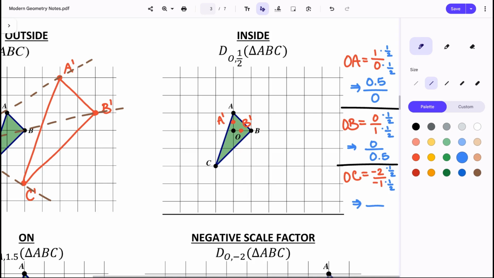And are they positive or negative numbers? So from that center again, we always start counting from the center. You're going to go down 1 and then over a half. And that's your C prime. And then again, just connect those dots because we want to see that triangle in there.